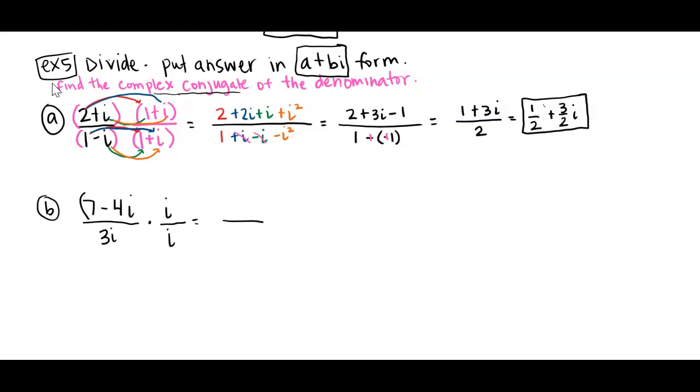So notice that you're taking all of this on the top and you're distributing that i to it. Okay, so that's going to give you 7i and then minus 4i squared. Right? I'm just distributing that i through. And it looks kind of weird because it looks a little backwards in how we usually distribute there. And then 3i times i would just give us 3i squared.